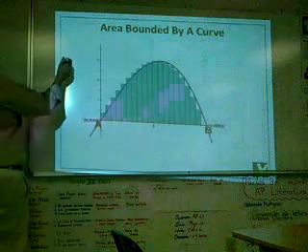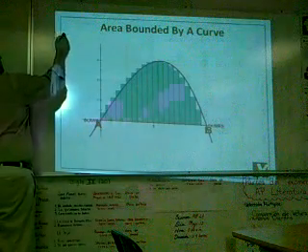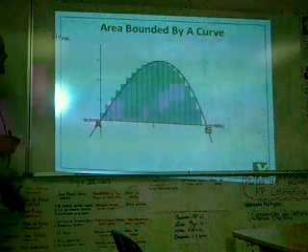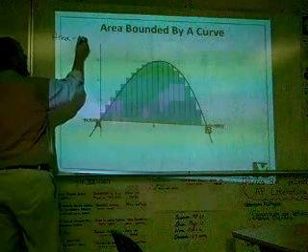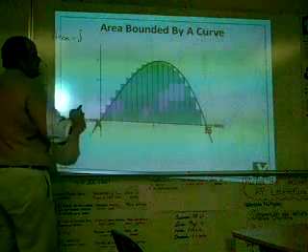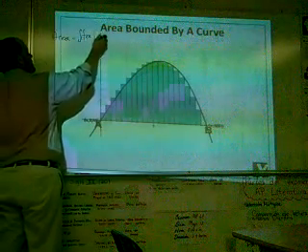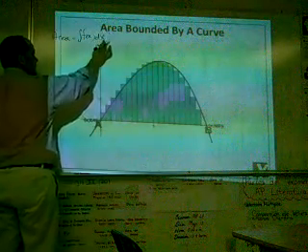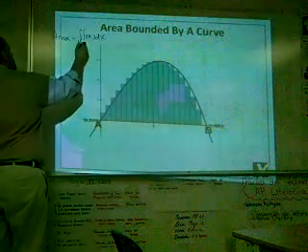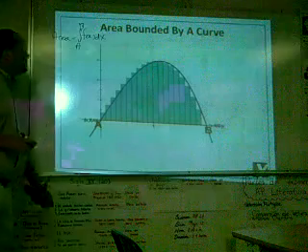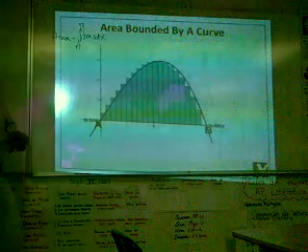At the end of the story, though, if you bring on infinitely many rectangles, you can move from these approximations to an exact area. The exact area is found by integrating the function f of x with respect to x from your starting point to your ending point. And so the true area would be given by that expression.